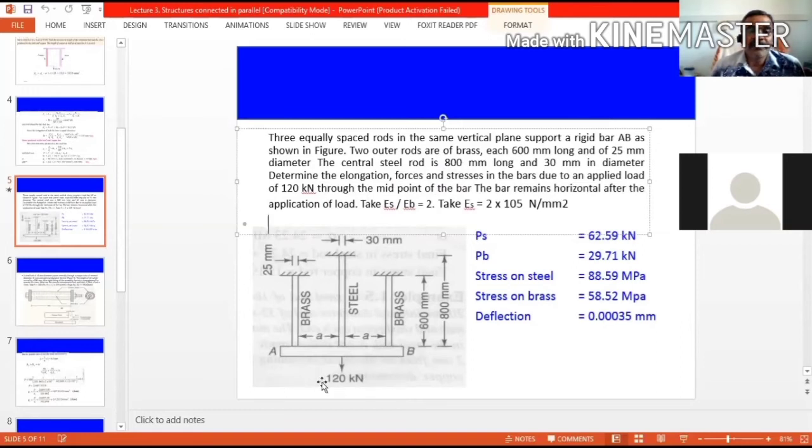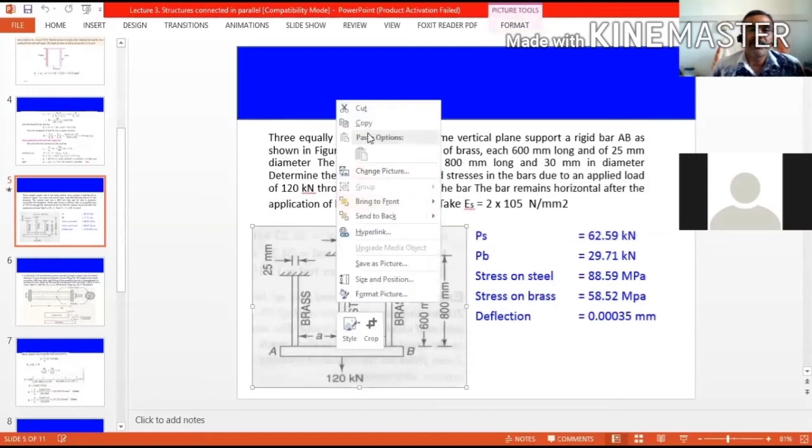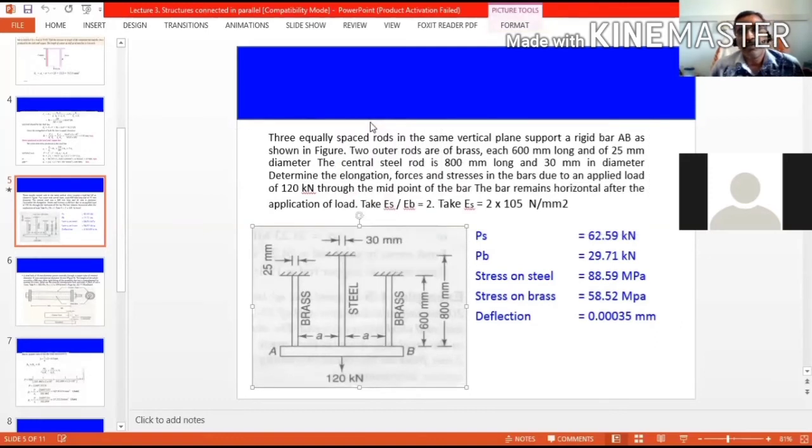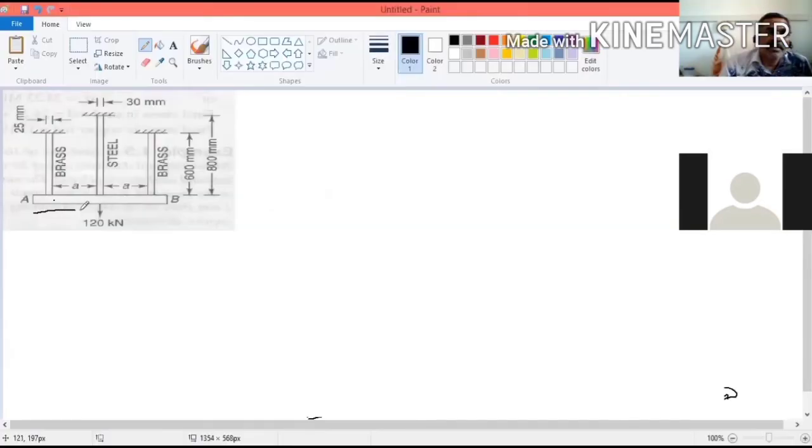What is the meaning? The brass and steel rods are all extended by the same amount. Now we will discuss it in detail. Initially it is horizontal, and after application of the load also it is horizontal.